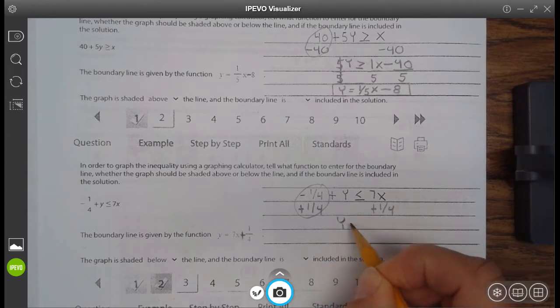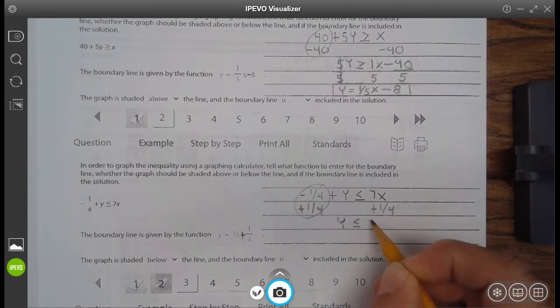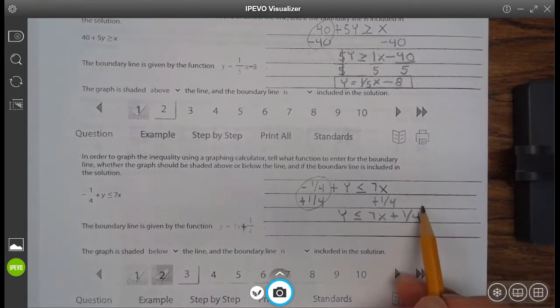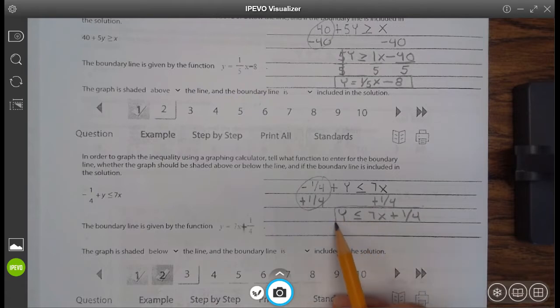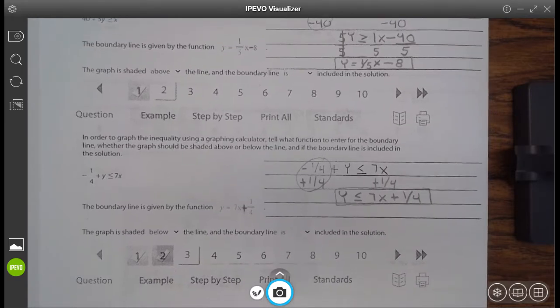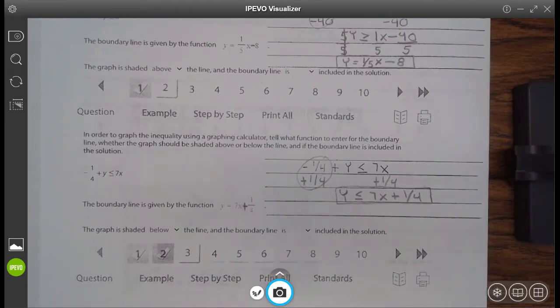You get y less than or equal to 7x plus 1/4. Okay, the boundary line is given by the function y equals 7x plus 1/4. The graph is shaded below the line, and the boundary line is included in the solution. Let's take a look at the next example.